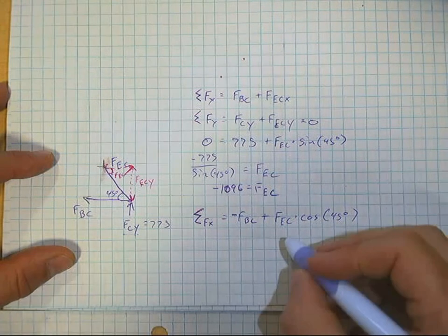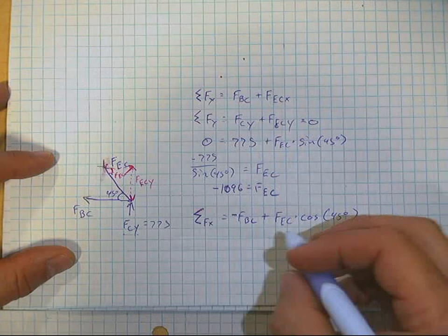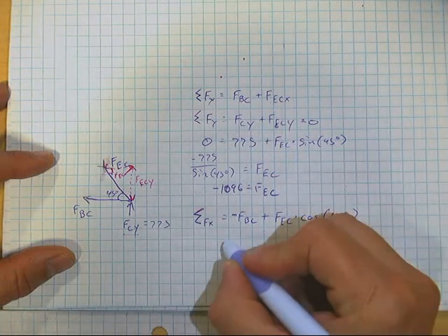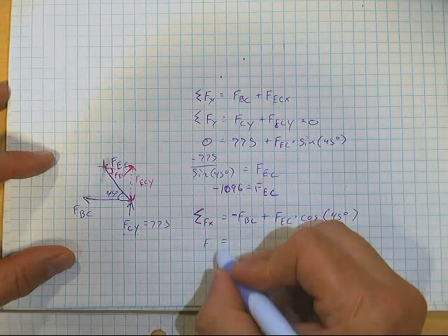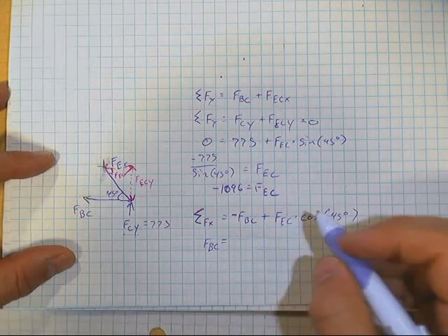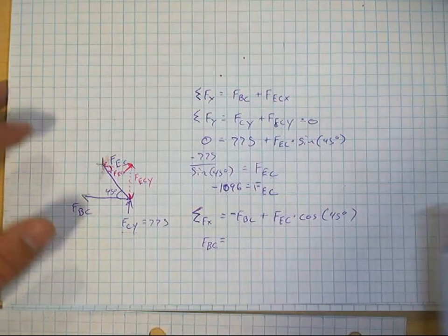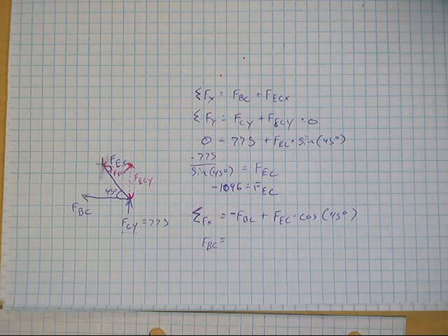Okay, so we know what FEC is, right? We know it's negative 1096. So we're going to end up with FBC equals the cosine of FEC, of 1096 times the cosine of 45. Oh, my mistake.